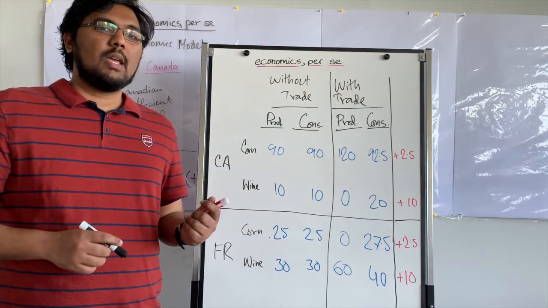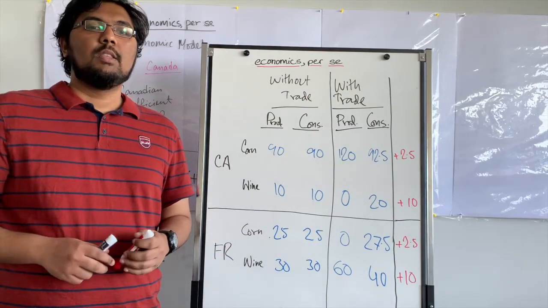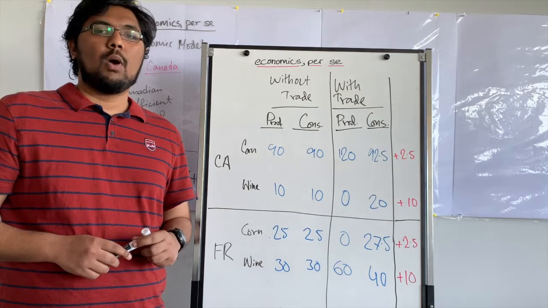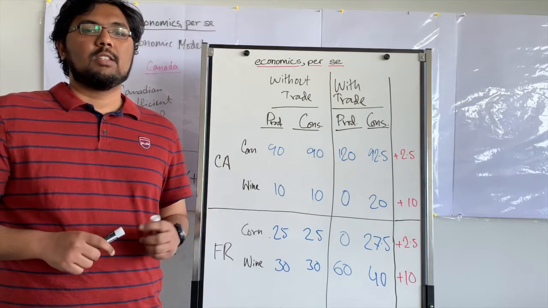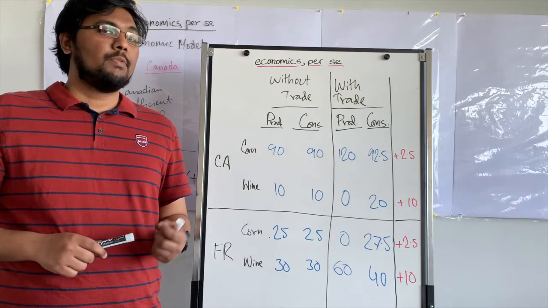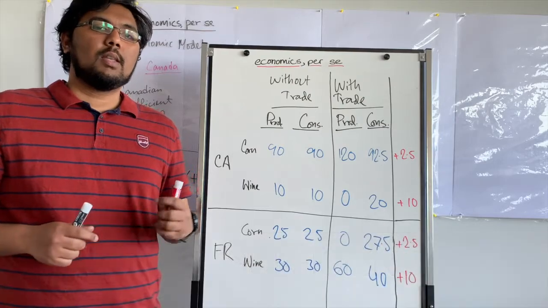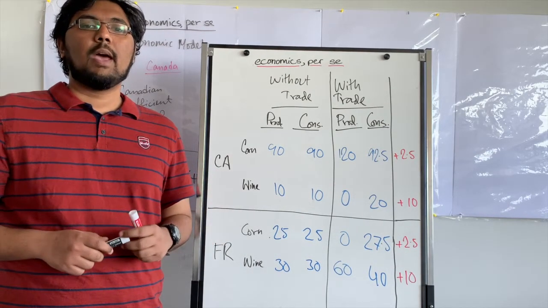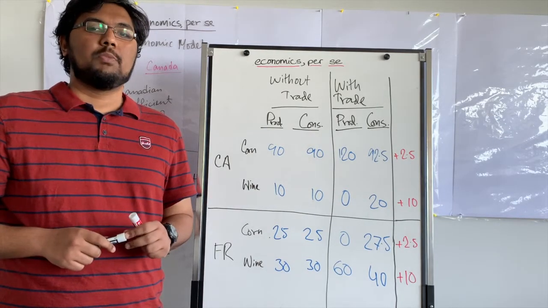As you can see, in the entire world where Canada and France are the only countries, the total quantity of corn produced is 120 and the quantity of wine produced is 60 after trading and specializing took place. Before this trade, when both countries were self-sufficient, the collective quantities produced were 115 and 40 units for corn and wine respectively.